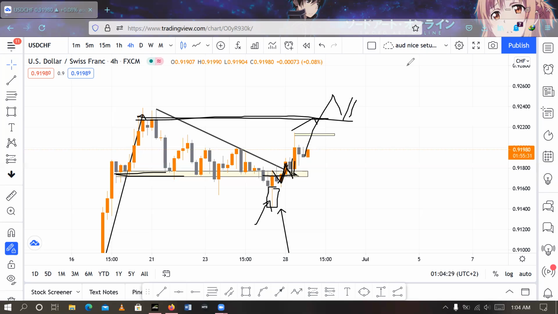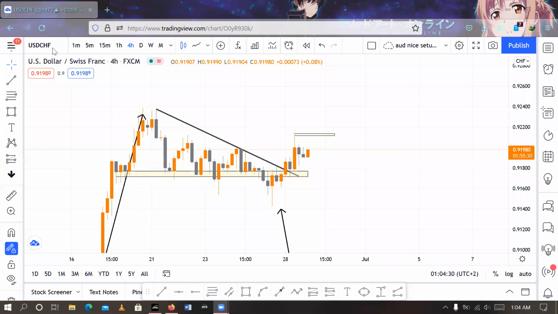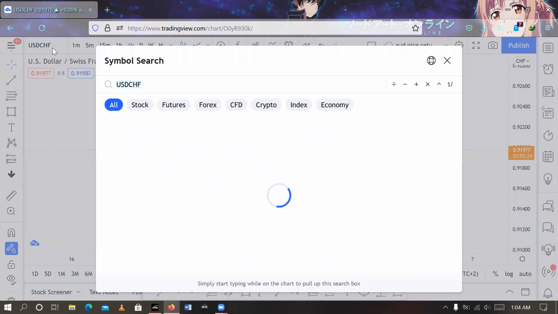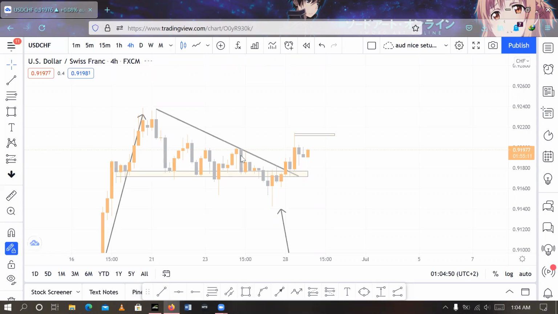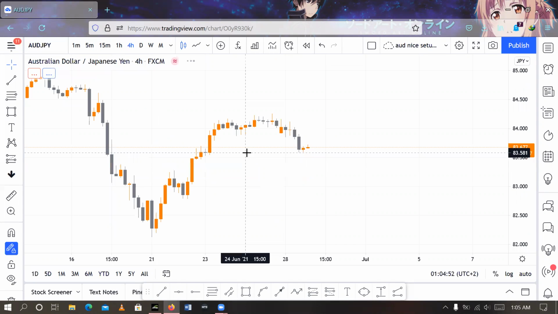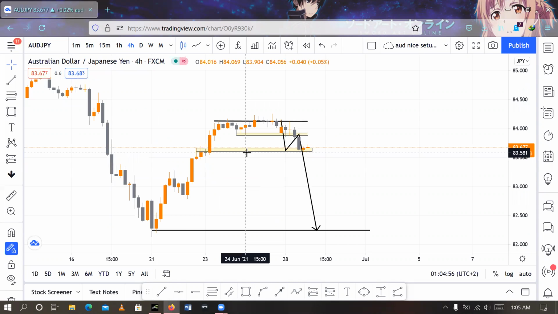Now, I just wanted to give you guys a bonus analysis here on the AUD JPY, right? AUD JPY. Where we are looking for tradable opportunities to the downside on the AUD JPY, right?